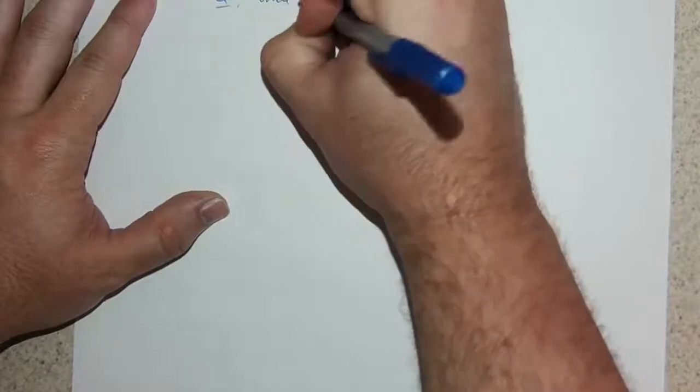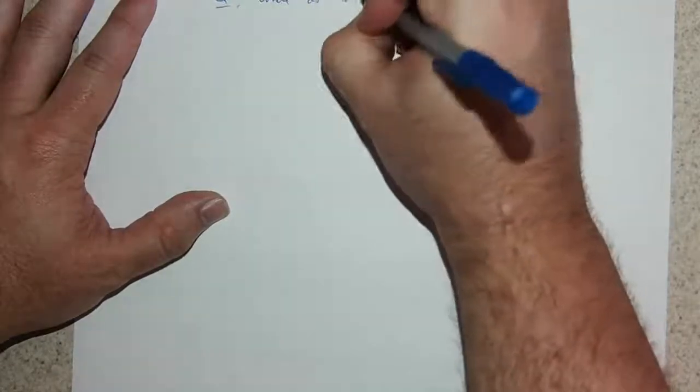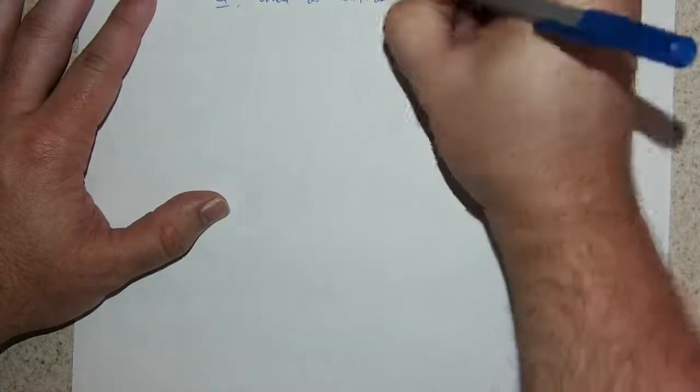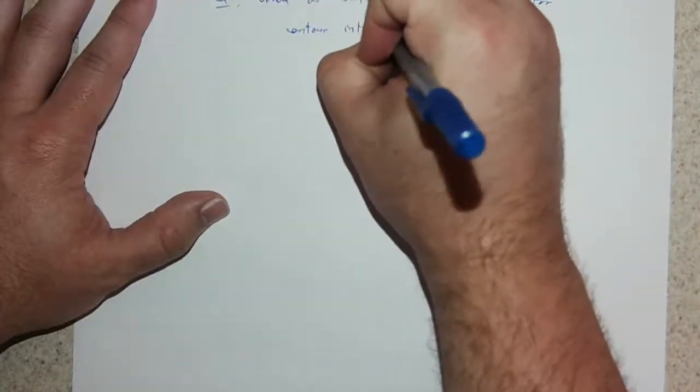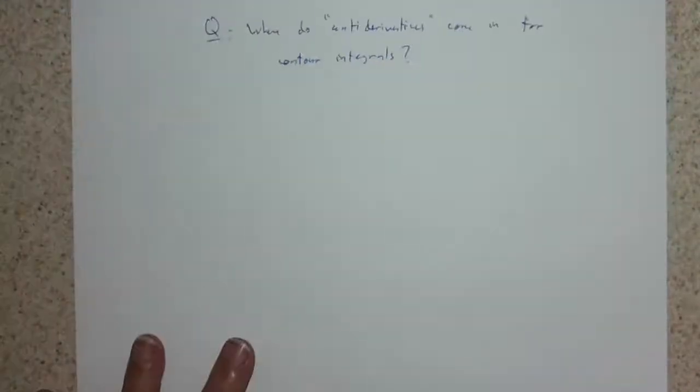So the big question is, where do antiderivatives come in? And first of all, what do I even mean by antiderivatives here? So where do antiderivatives come in for contour integrals? Okay, and so you could cheat a little by using this fact that contour integrals are really line integrals, and so most of what you know about line integrals can be adapted to contour integrals, if you're careful.